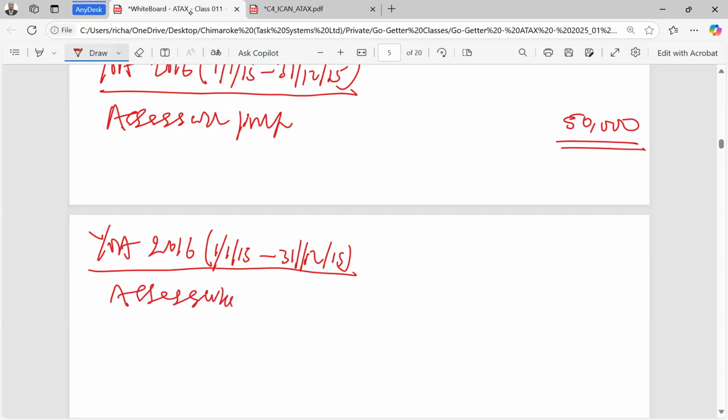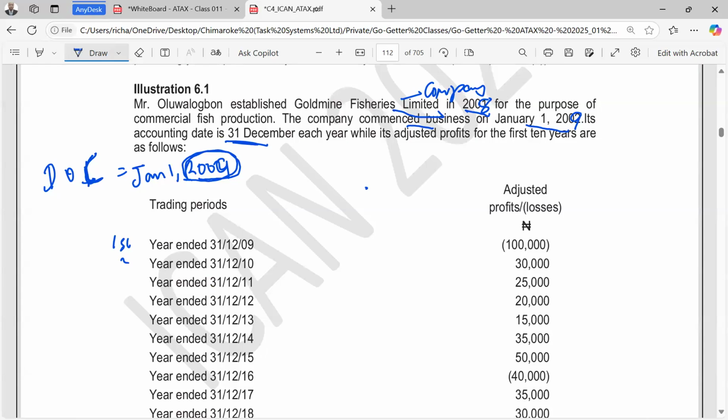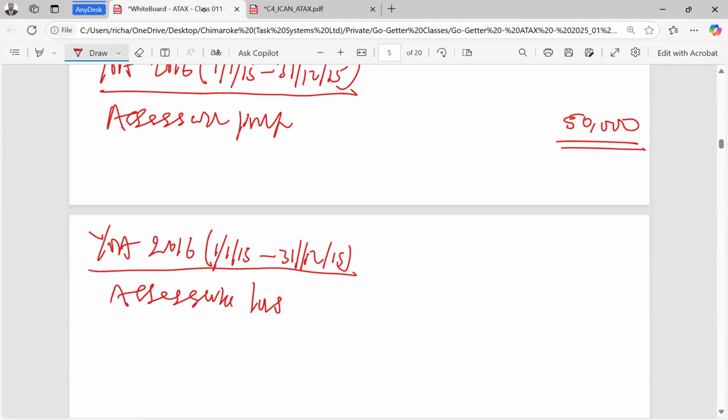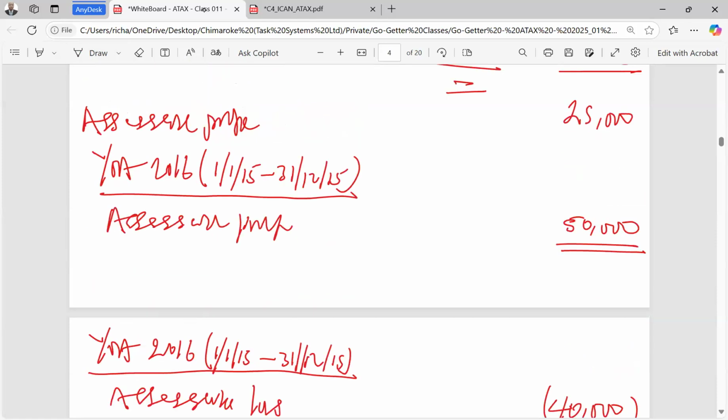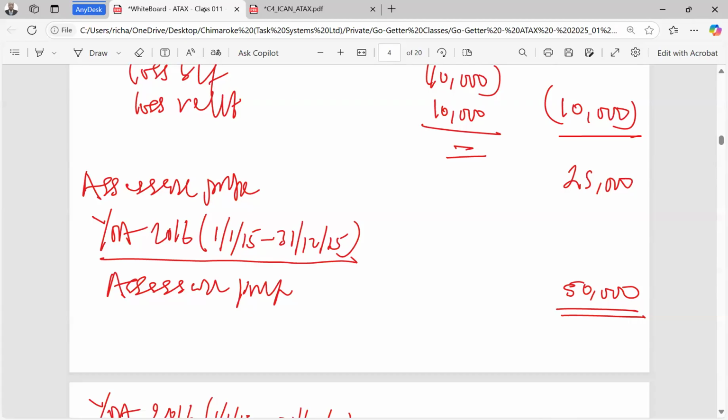Assessable loss, we are told, is 40,000. 2016. So it's going to be 40,000. Now you may be wondering, didn't we have 50,000 before in the previous year? And didn't we have 25,000 in the previous year?